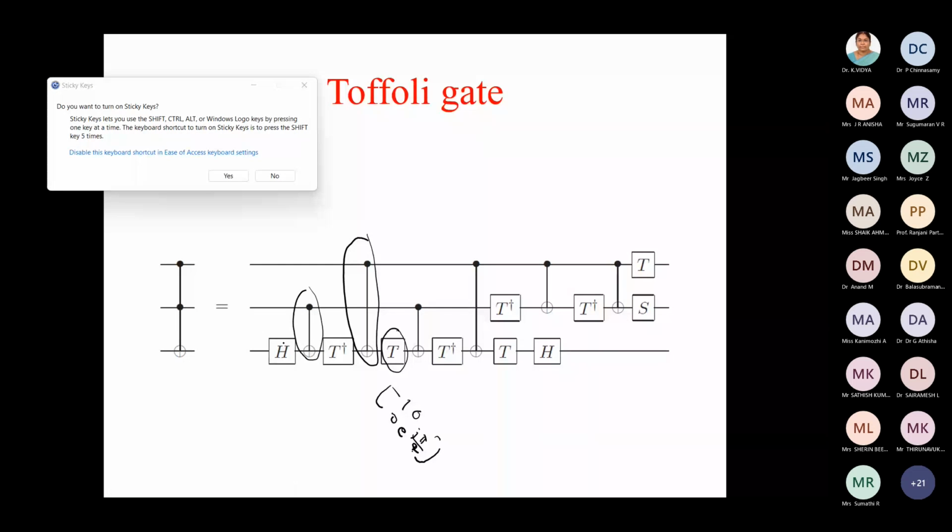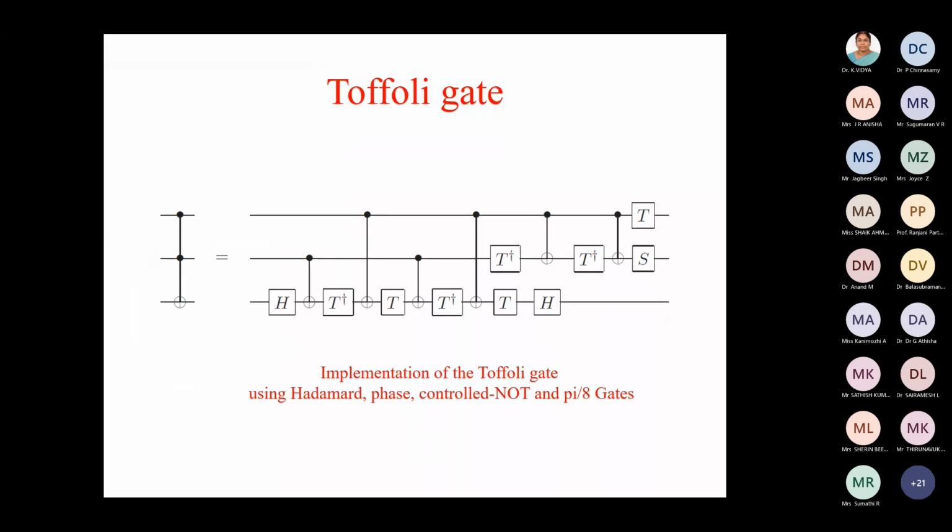So using this Hadamard, CNOT, and this, I can create this Toffoli. But to create this Toffoli, I need this many quantum gates. Almost 14 gates we require to implement a single Toffoli. And if these gates have small errors, then these errors will add up.